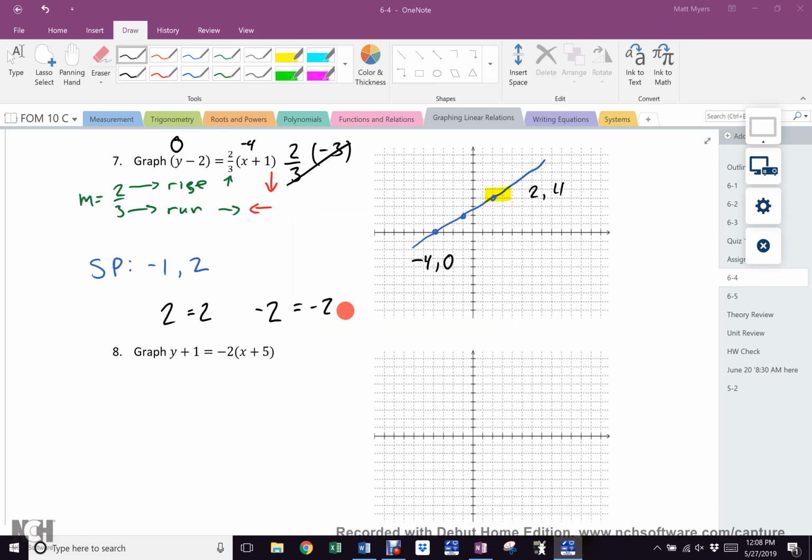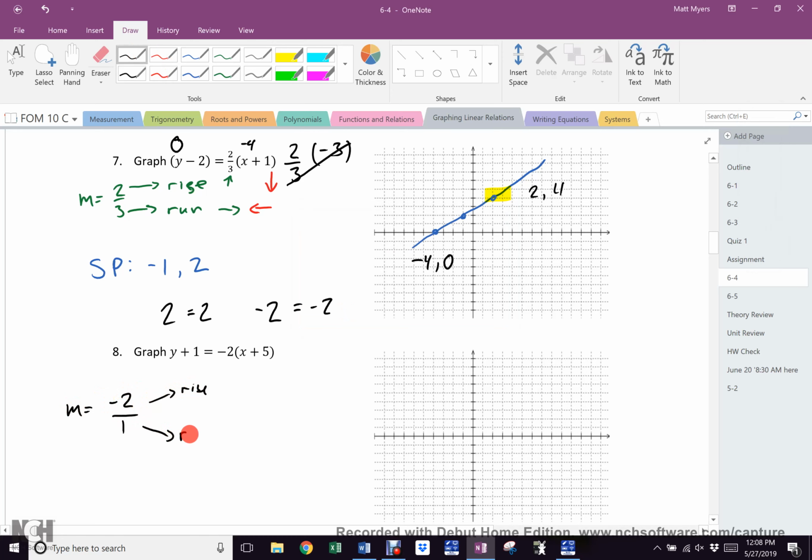So, let's look at this next one. What's my slope? -2. But it's not really -2, is it? It's -2 over 1. So there's my rise. There's my run. Since it's negative, if I go up, where do I got to go to run? To the right. Up to the right. If I go down, where do I got to run?